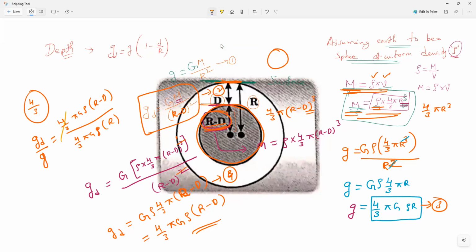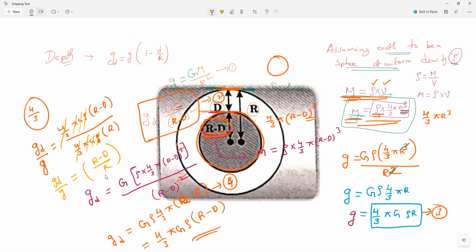Everything gets cancelled. 4 by 3 cancels, pi cancels, G cancels. So what is only remaining? g_d by g is equal to (R minus D) by R. Is it right? Clear, everybody?